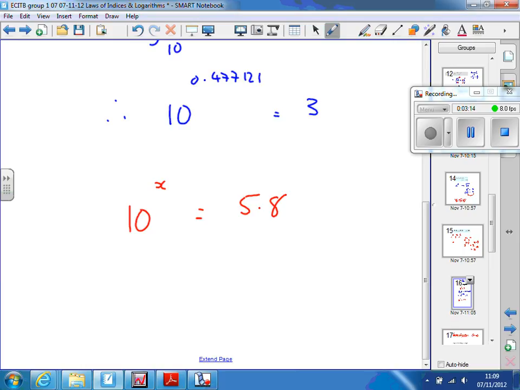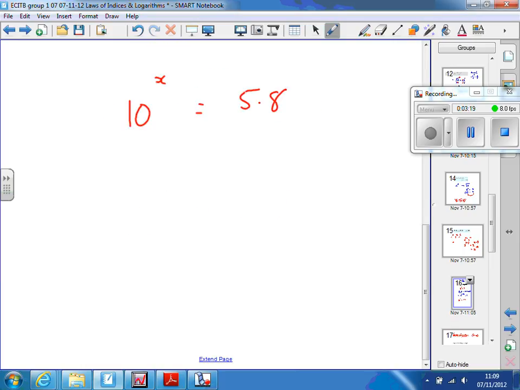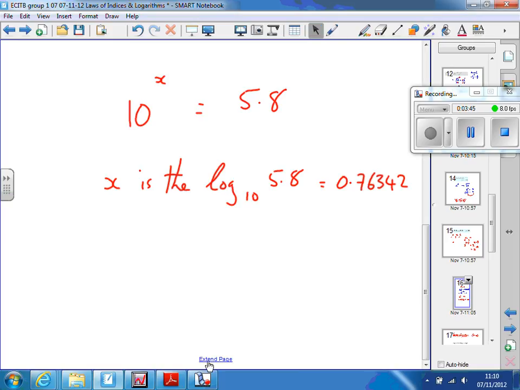Find the logarithm, right. To find x is the logarithm to the base 10 of 5.8, which is 0.76342. In other words, 10 to the power 0.76342 will give us 5.8. That's what logarithms are. Logarithms are powers.